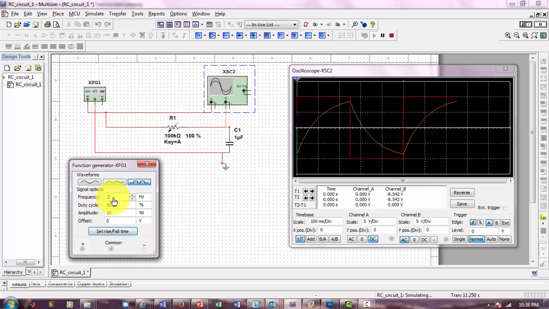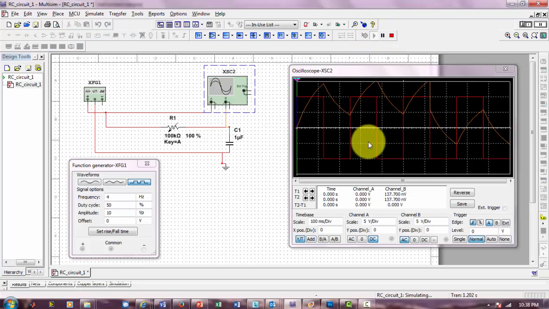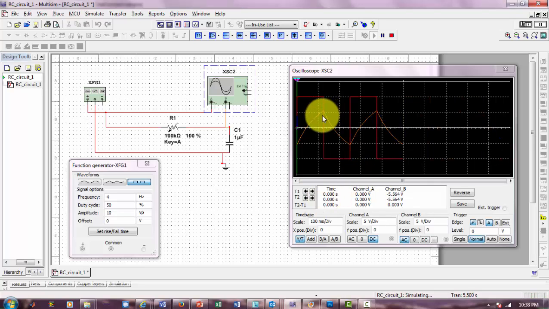Let me increase the frequency to 4 hertz, so we should see 4 cycles. Let me stop the program and run it again, and let it settle down. And you could see that it's even lower, closer to 5 volts now, before it gets fully charged.